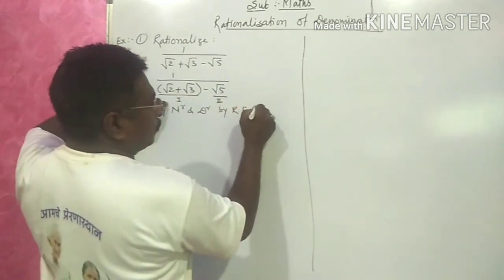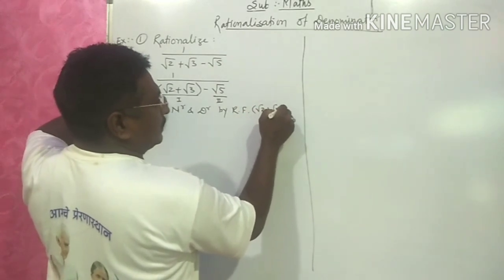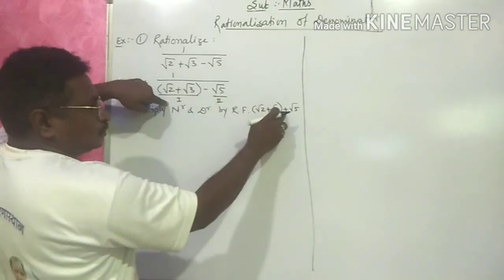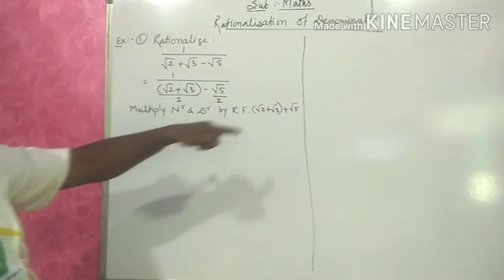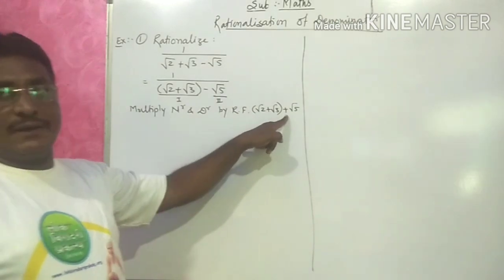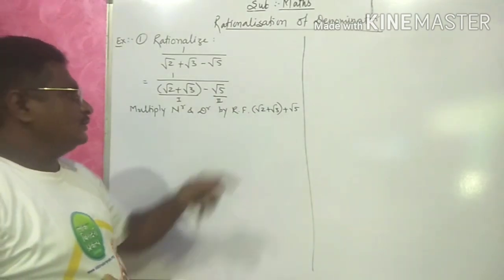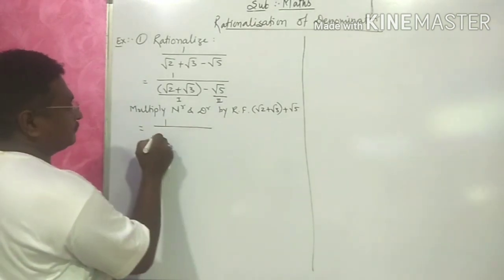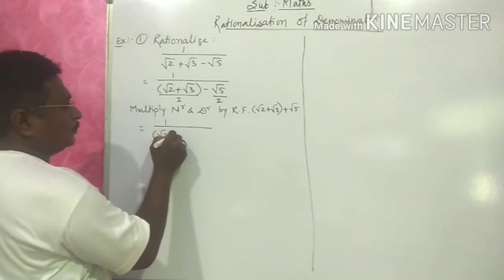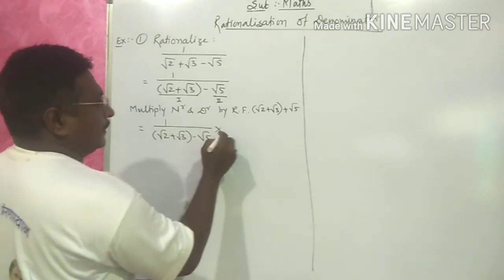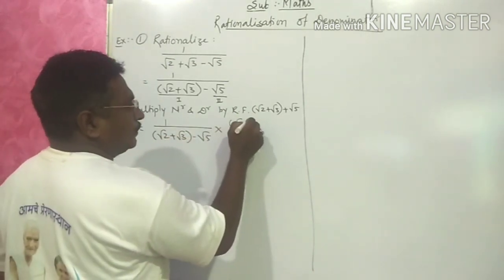So root 2 plus root 3 plus root 5. Here minus is there, so in the rationalizing factor we will take plus sign. If here plus sign is there, here we will take minus sign. Okay student?